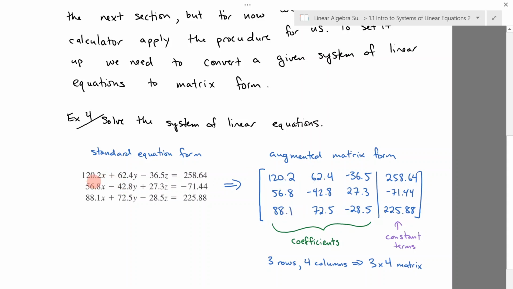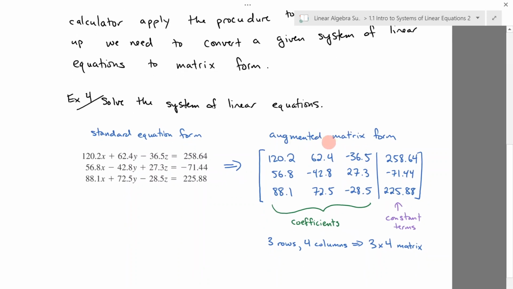So you can see that you have 120.2 here, 62.4 there, and so on. All the coefficients are in the correct places, and then the constant terms on the right side are in a separate column to the right. So all 12 numbers are in the exact same location. I've just suppressed the variables, and the equal sign I've denoted with this extra bar here.